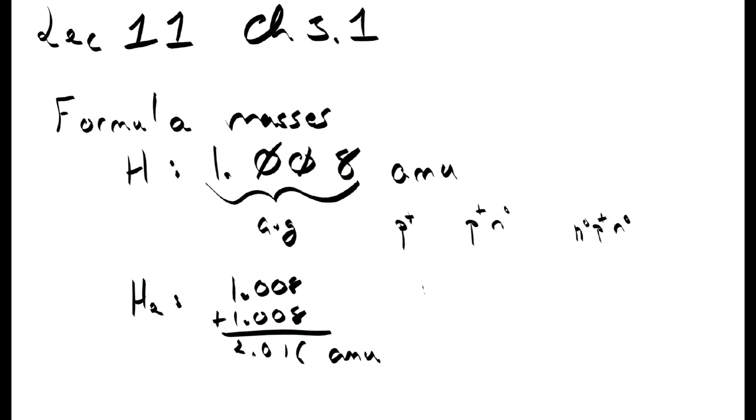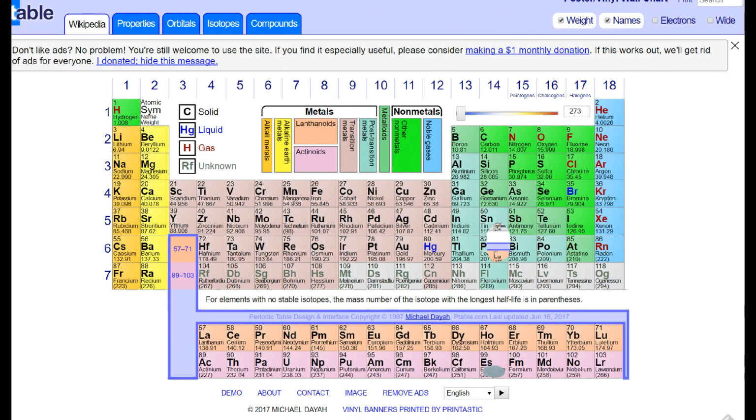And water, H2O, is 1.008 plus 1.008 plus, we need to go to the periodic table, and we consult there, and we see that oxygen, 15.999.